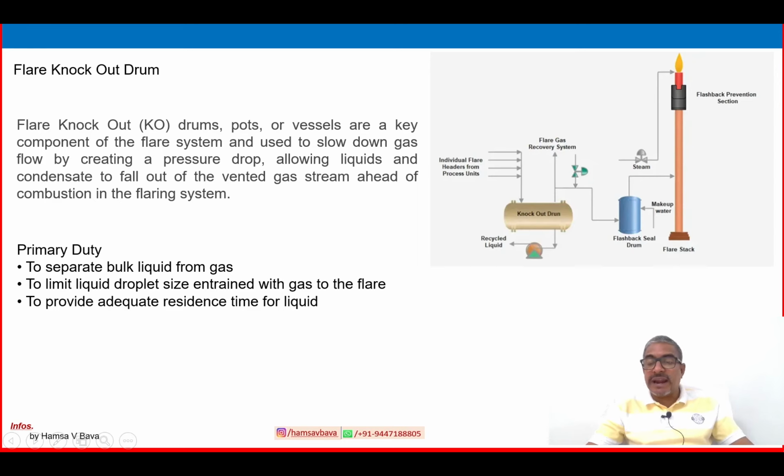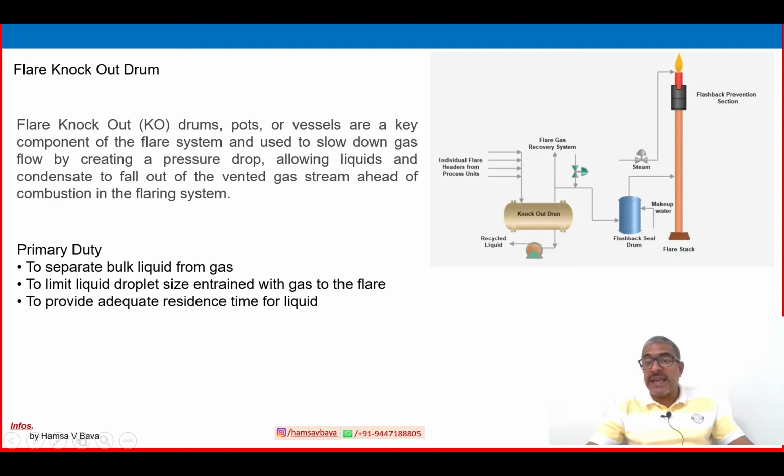So liquids can collect here and gas is released to the flare system. So we can make sure that maximum liquid is removed from the released gas stream, and dry gas is flaring there. No liquid is going to flare.